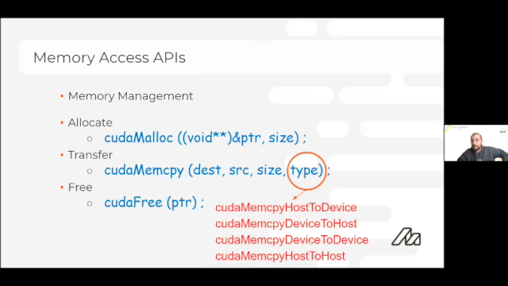You can have data copy from one GPU to another GPU. And then the type of copy that you want to do: from host to device, or in reverse, from device to host, from device to device, or a data copy from host to host. And then always remember to free up your data memory allocated on the GPU.